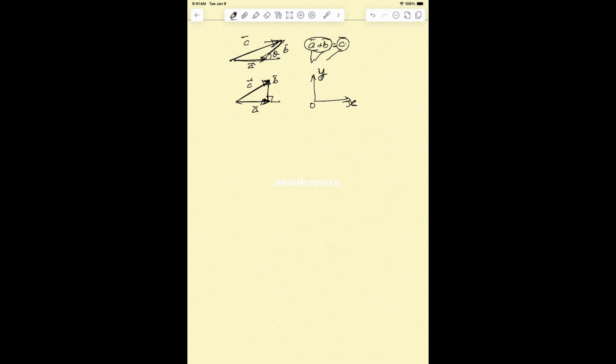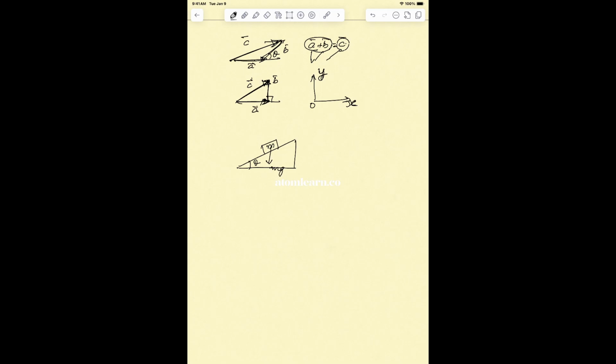Now the x axis and y axis can be chosen very conveniently by you depending upon the situation. For example, in a later chapter, like the Newton's laws of motion chapter, you may come across an inclined plane of angle theta on which a block of mass m is resting. Then mg is the weight, or the gravitational force on the mass.